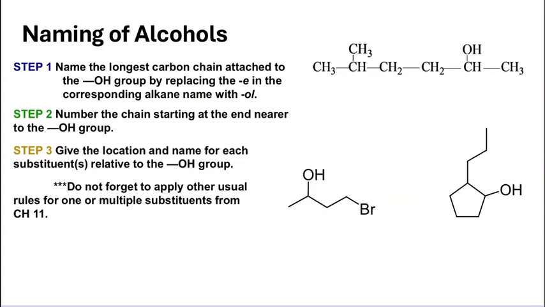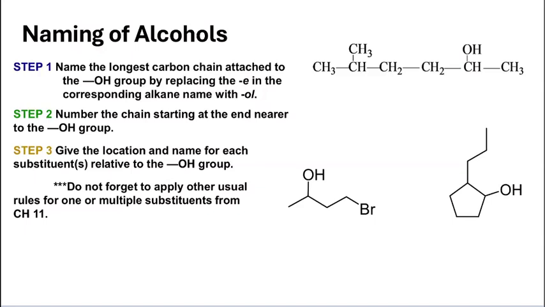Next, we have to give the location and the name for each of the substituents relative to the numbering that we already gave to the carbon that has the OH group. When it comes to naming alcohols, please do not forget all the different ways that we know how to name substituents that we learned in chapter 11.